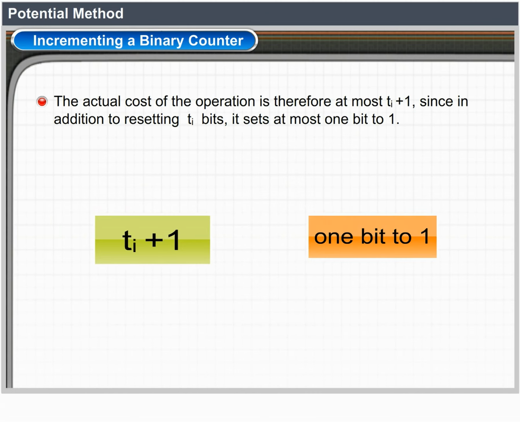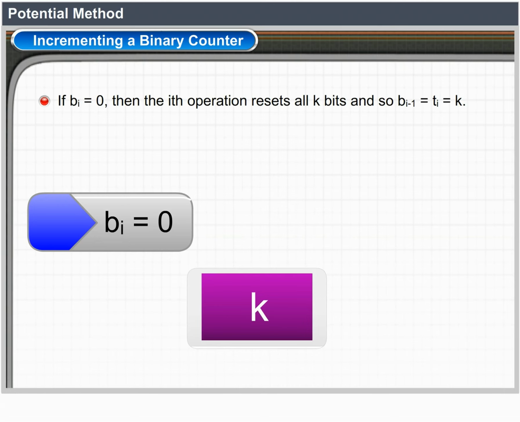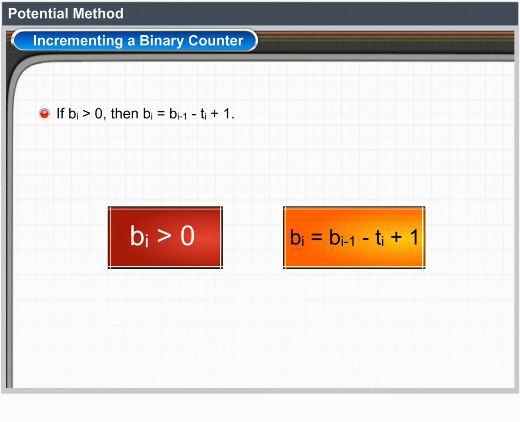If bi equals 0, then the ith operation resets all k bits, and so bi minus 1 equals ti equals k. If bi is greater than 0, then bi equals bi minus 1 minus ti plus 1.